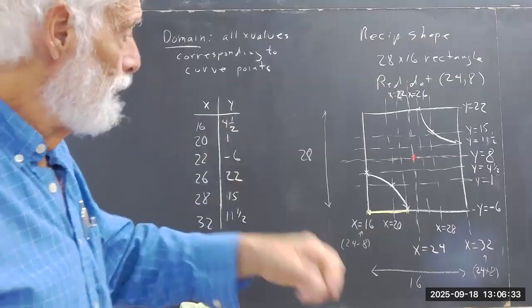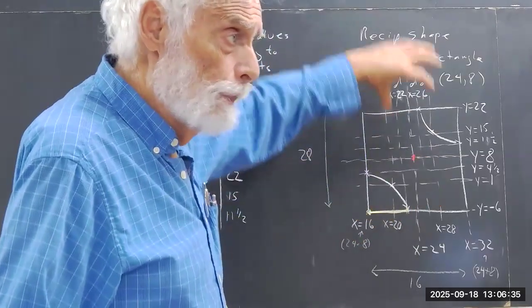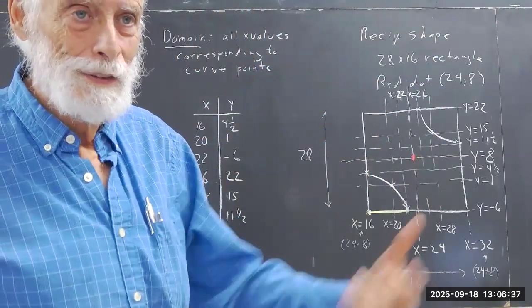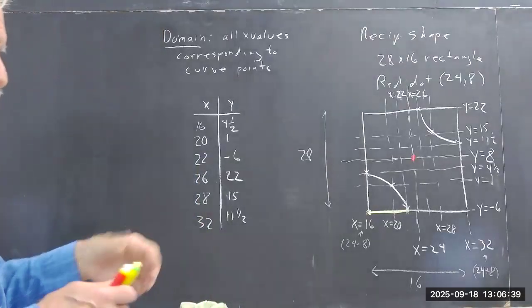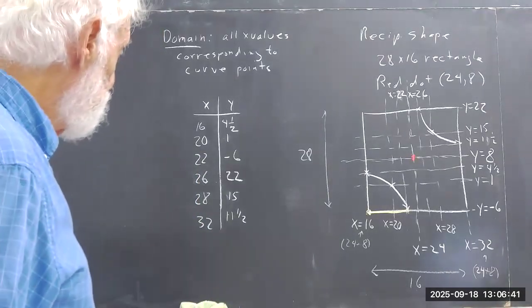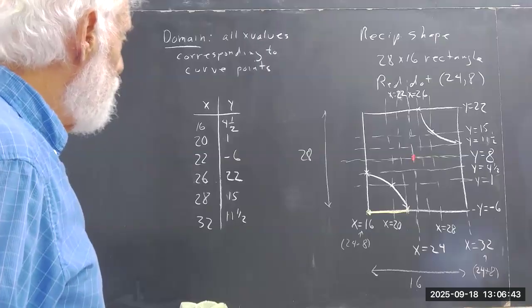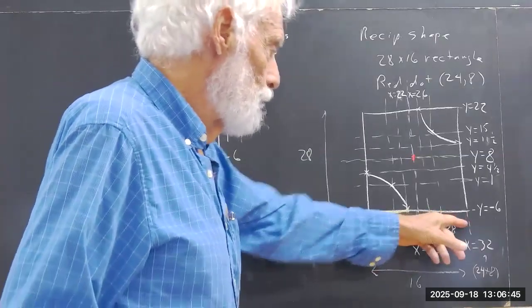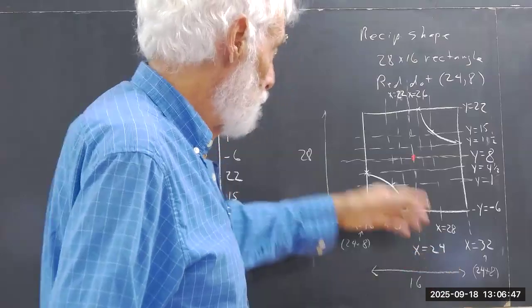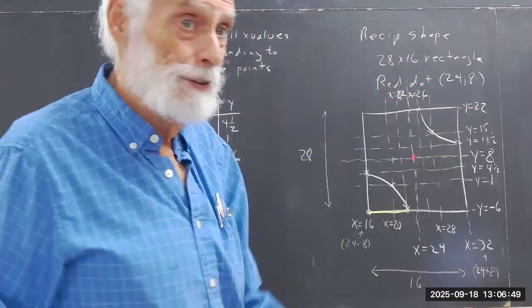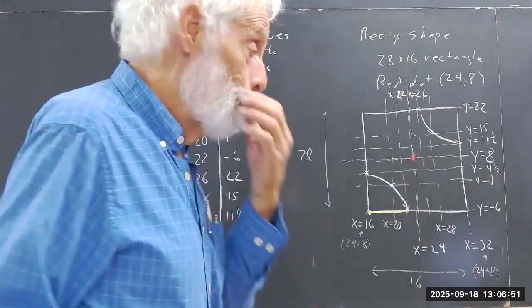Now, on the first problem, the width is always going to be 4, because there's an easy way to get the formula, which we're going to do next week. And then later on, we'll worry about what if it is 28 by 16, what are you going to do?